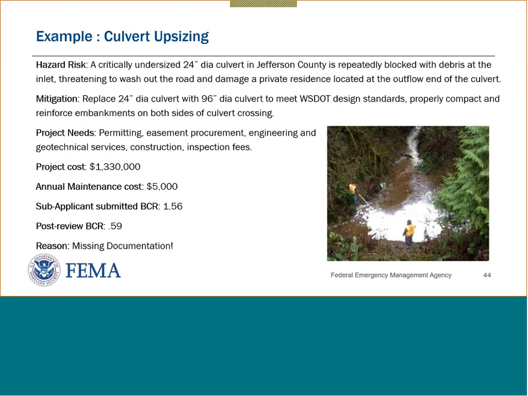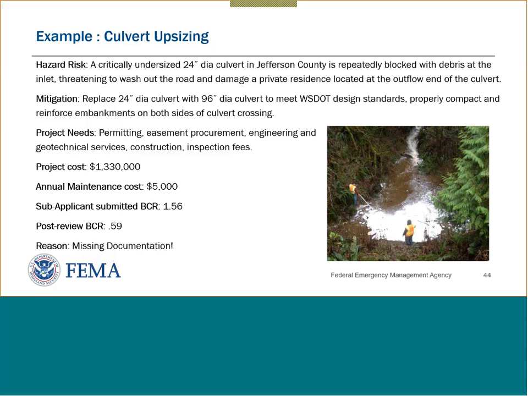All right, here's another example of a project that unfortunately did not get funded after the National Technical Review. I think this is a BRIC pre-disaster mitigation project. The project was to replace a 24-inch diameter culvert with a 96-inch culvert designed to meet the State Department of Transportation standards and so forth.